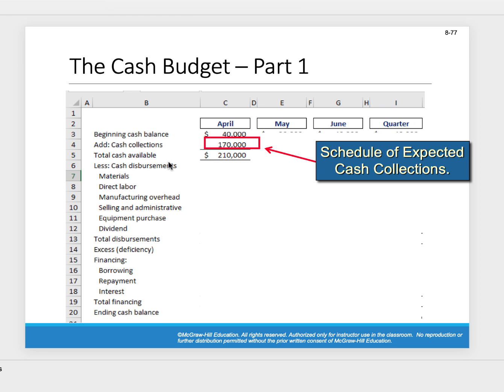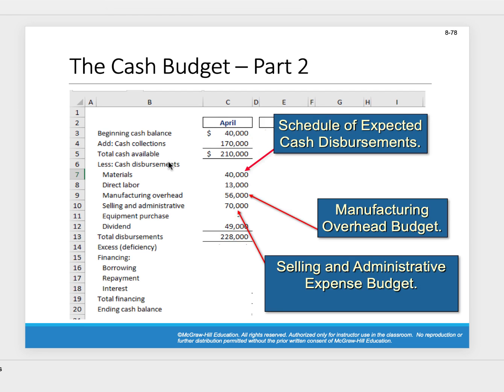So we start off with our beginning cash balance in April. To that, we add all the cash we collected. Where do we get that from? Well, the schedule of expected cash collections. That gives us the total cash available of $210,000. We then subtract out all our cash disbursements. Well, cash disbursements for materials come from the schedule of expected cash disbursements, right?